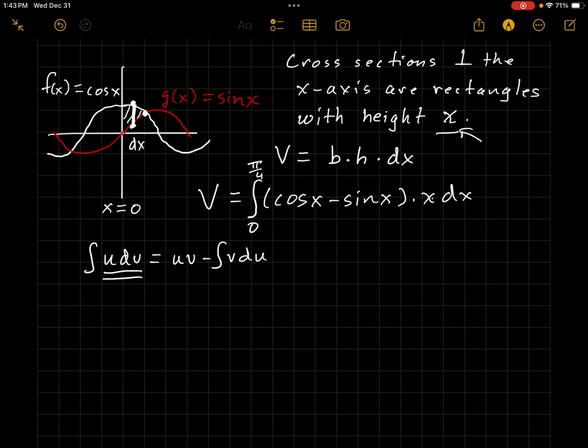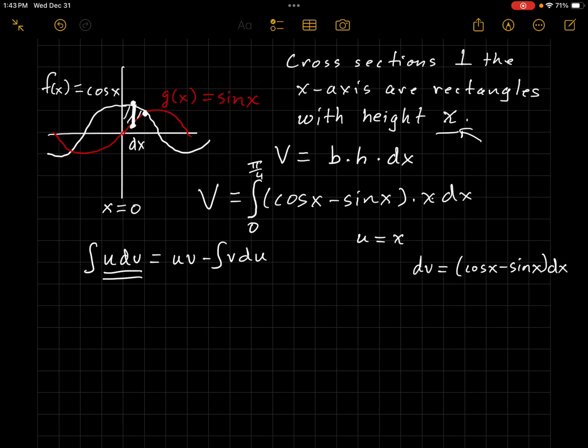I'm given this, that is, my integral is the integral of u dv, and I get to choose what I want. So I'm going to choose u to be x, and then I'm going to choose dv to be whatever is left over, in this case, cosine minus sine times dx.